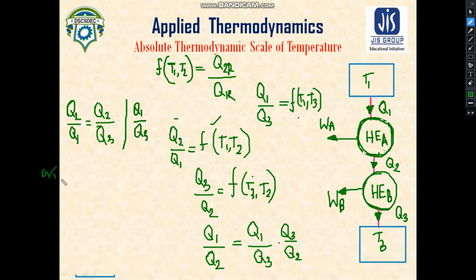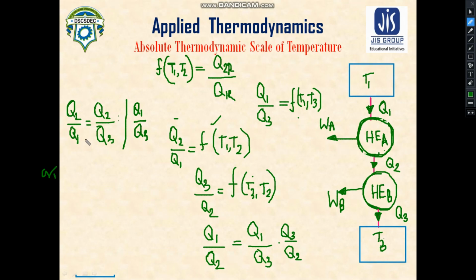So now you can say this Q2 by Q1, or in other words you can express it as Q1 by Q2 also. So this will not create some confusions, I hope.